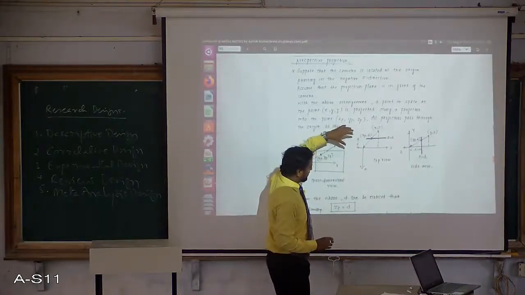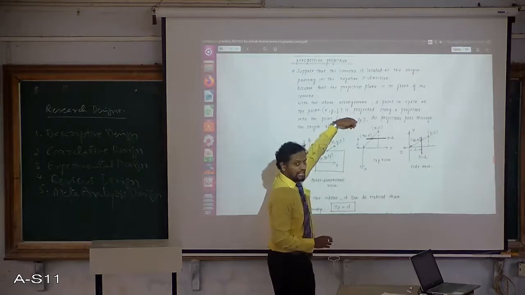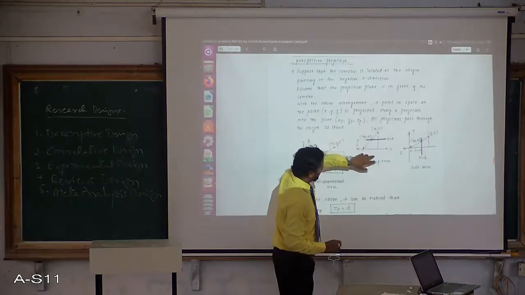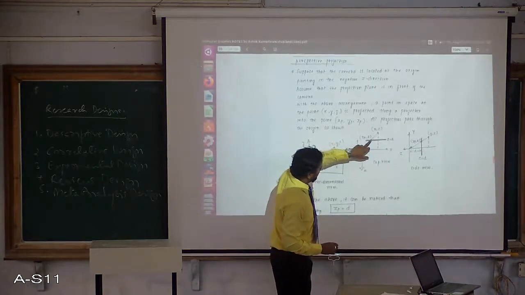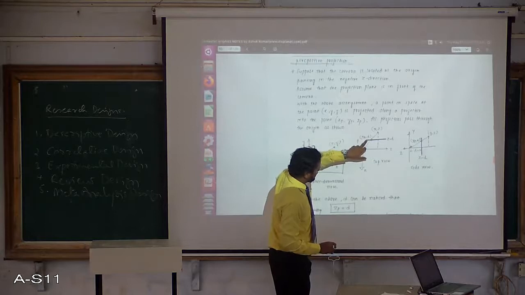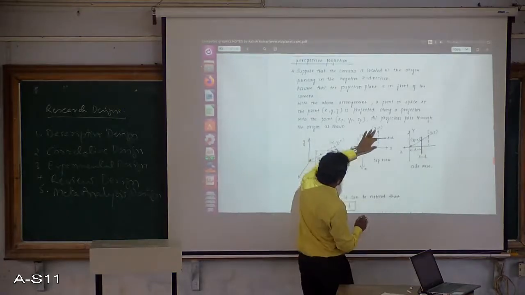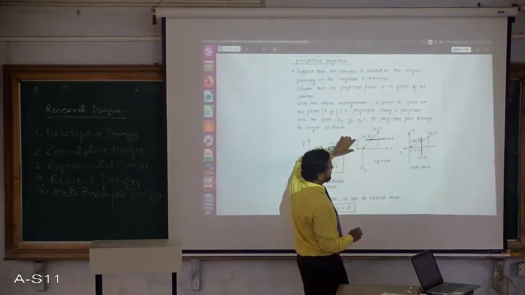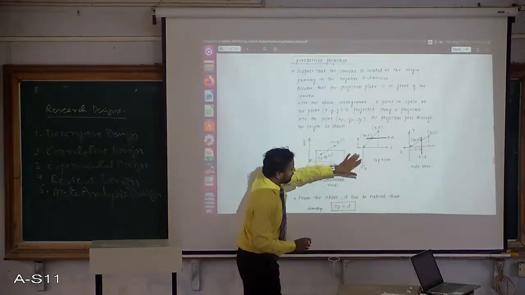Now, if I see the same diagram from the top side, how does it look? This is a top view where you can find this as x point, and this point can be considered xp, d, and this distance is the distance d. Okay, so this is the top view.